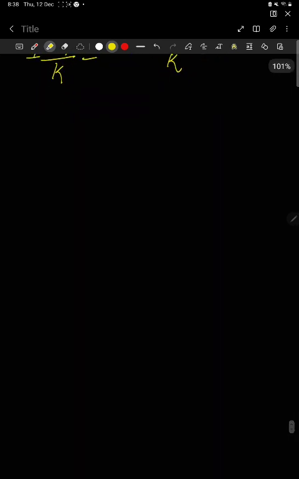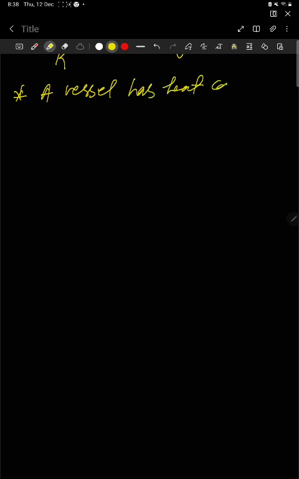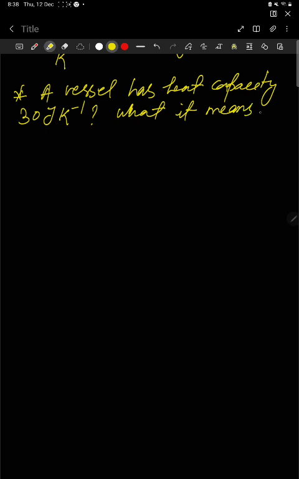The ICSE board has asked many questions from this concept. Sometimes they ask like this: suppose a vessel has heat capacity 30 joule per Kelvin, what does it mean?